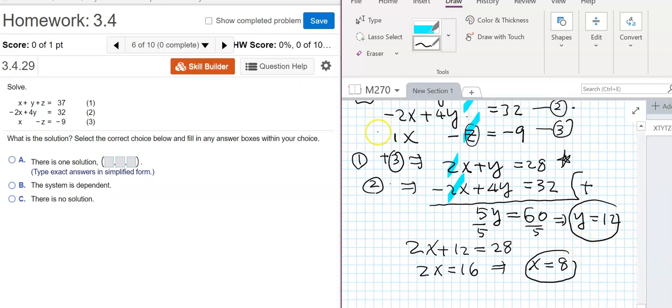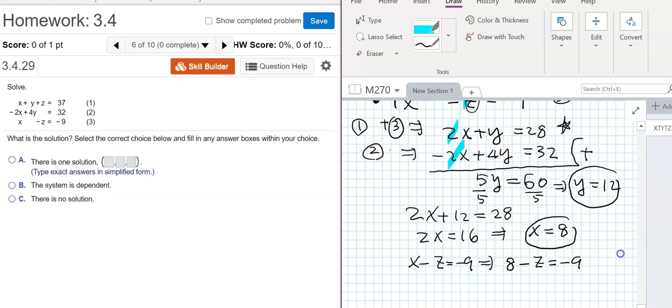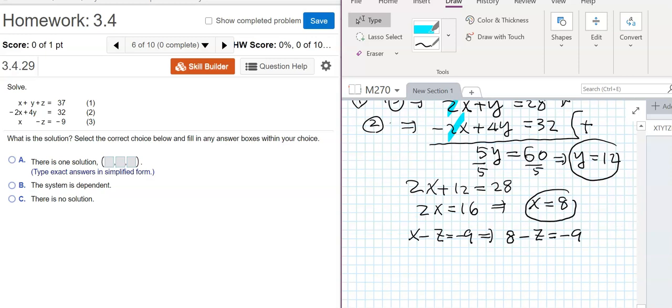Now x equals 8. Where do you want to go? I'll go here, because there's x and z. So x minus z equals negative 9. X equals 8, so 8 minus z equals negative 9. You subtract 8 from both sides. Negative z equals negative 17.